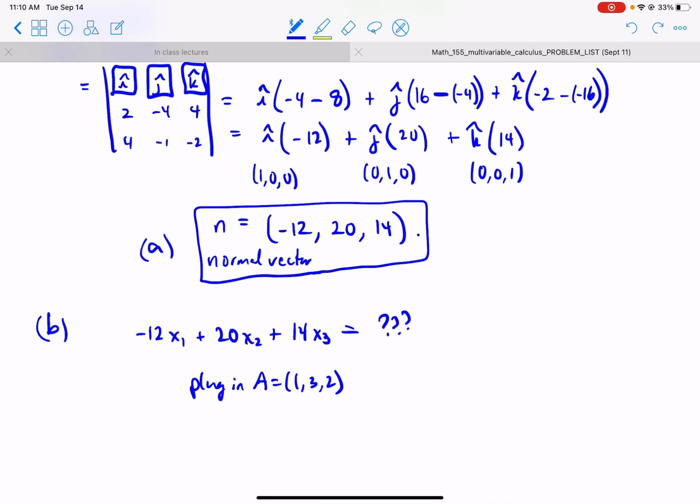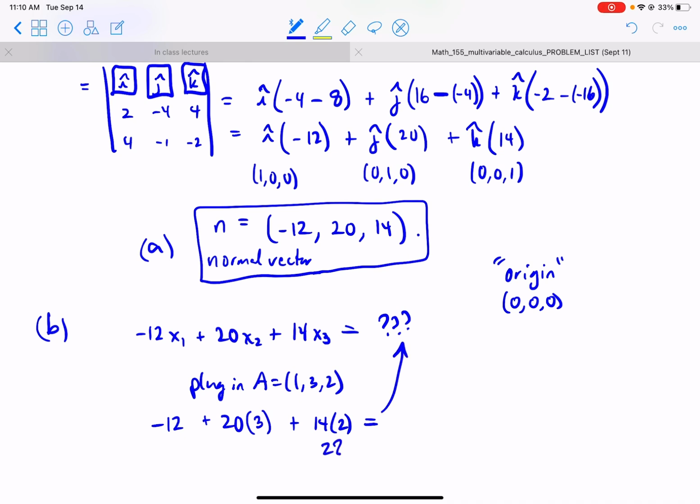Remember, the origin is just the name for the point 0, 0, 0. Okay. So plug in A. So I have -12 times 1 plus 20 times 3 plus 14 times 2 equals, and that will be this number.